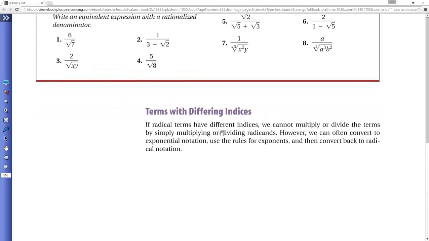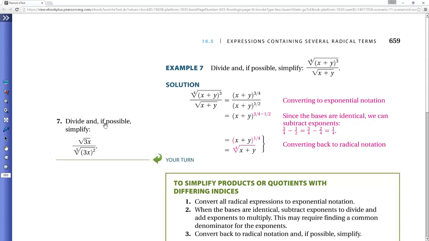Okay, let's look at terms with differing indices, which is have different nth roots, right? So let's look at example 7 here. I have the 4th root of x plus 3, the quantity to the 3rd power, all over the square root of x plus y.